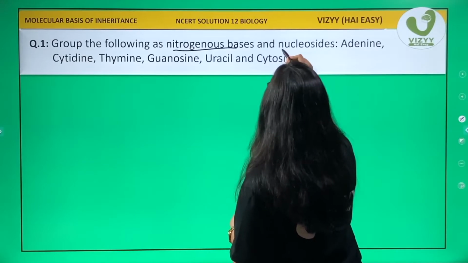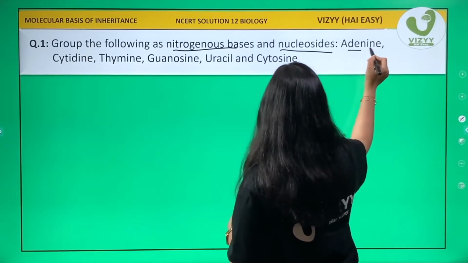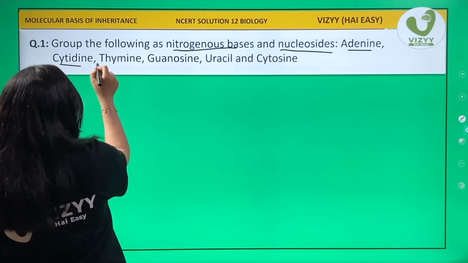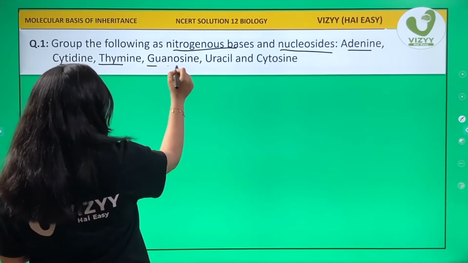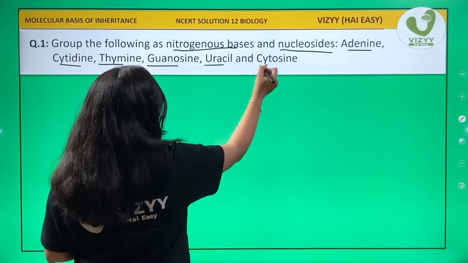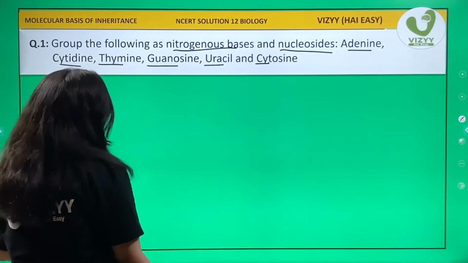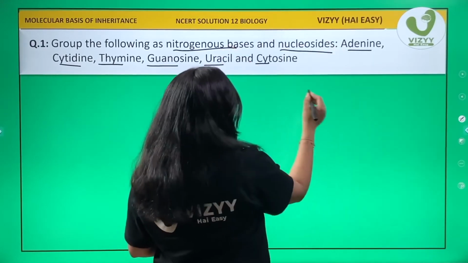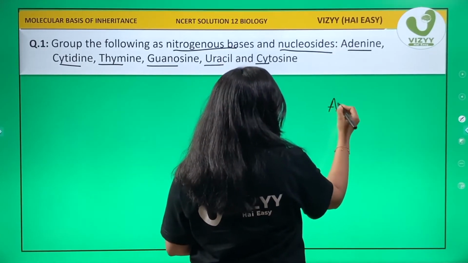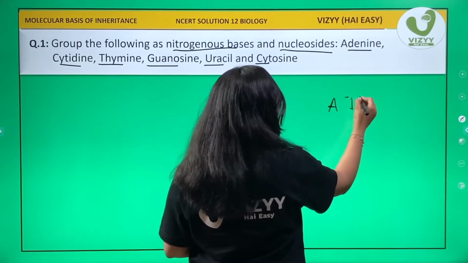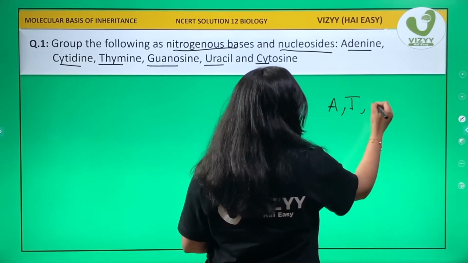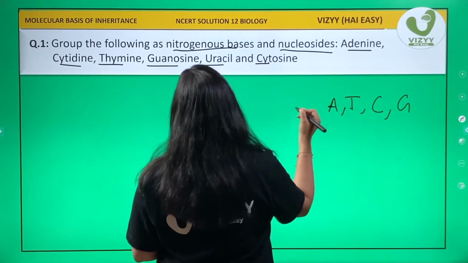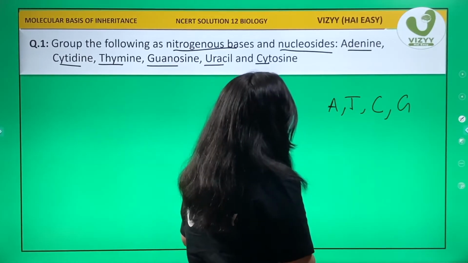and nucleosides: adenine, cytosine, thymine, guanosine, uracil and cytosine. So we know that nitrogen bases are adenine, thymine, cytosine and guanine.